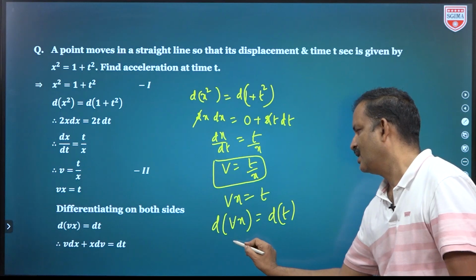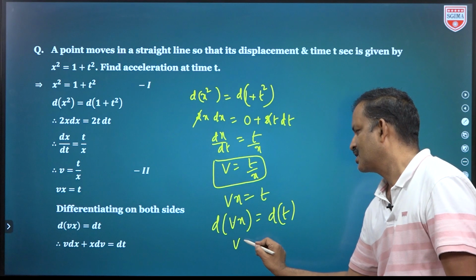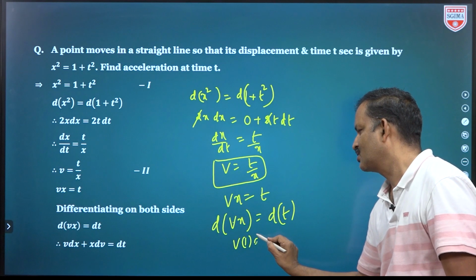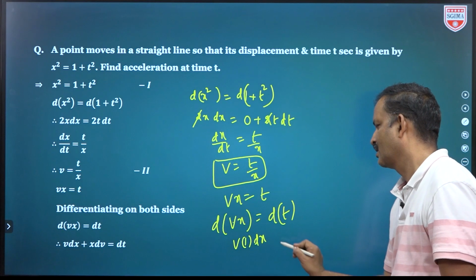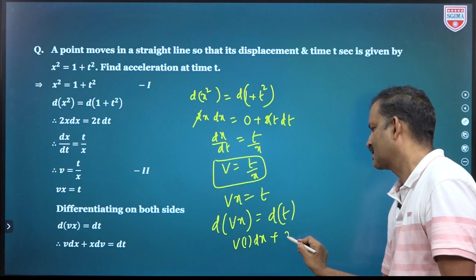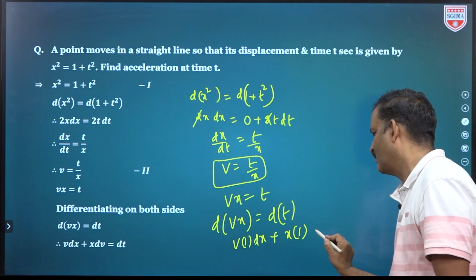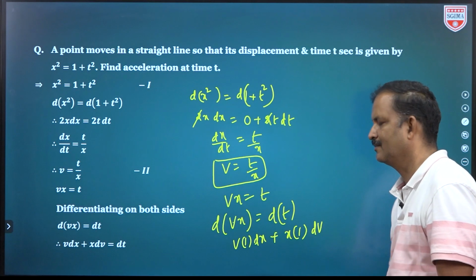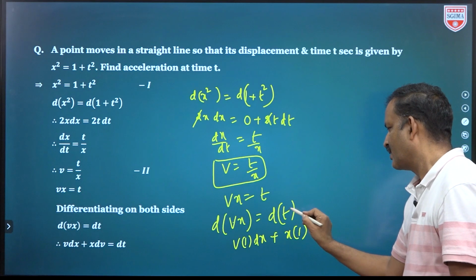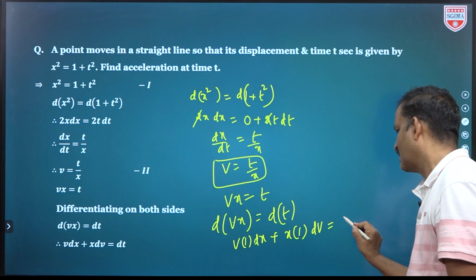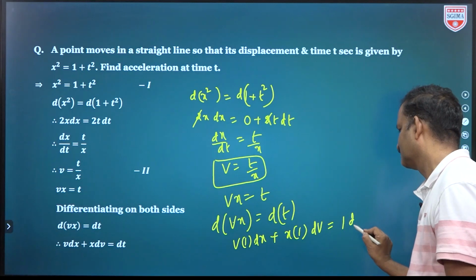Product rule is: V, differentiation of x, you have to write dx, plus x times differentiation of v, I am doing differentiation of v, that's why dv. Differentiation of time is 1 dt.